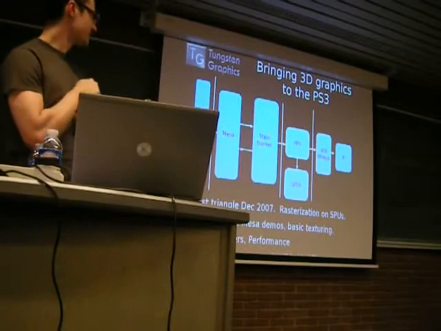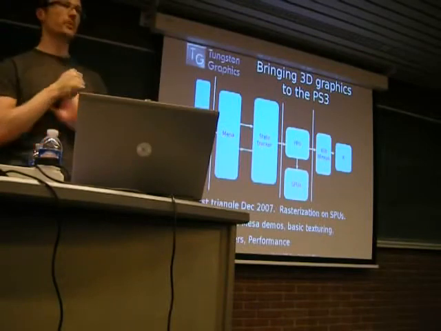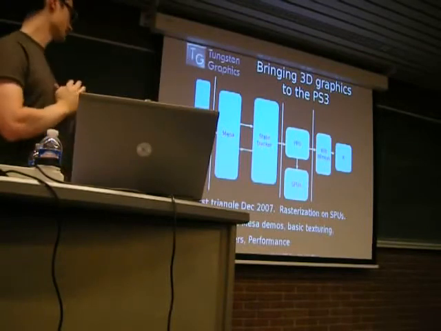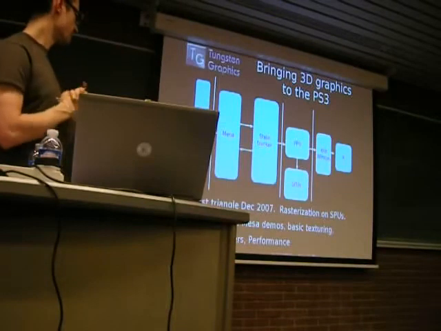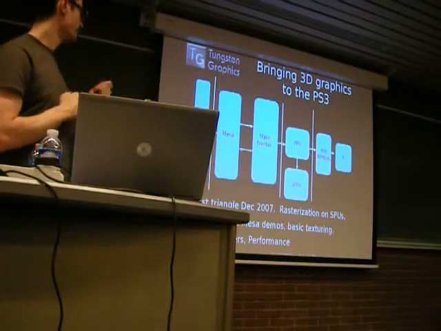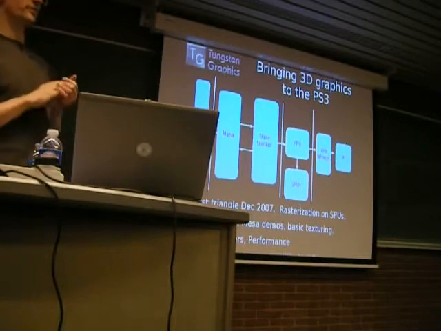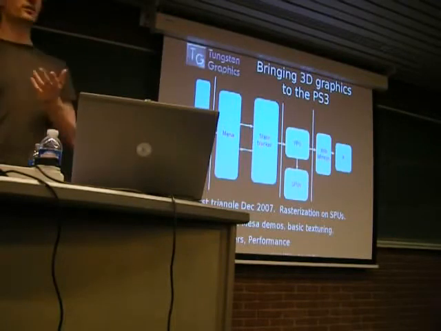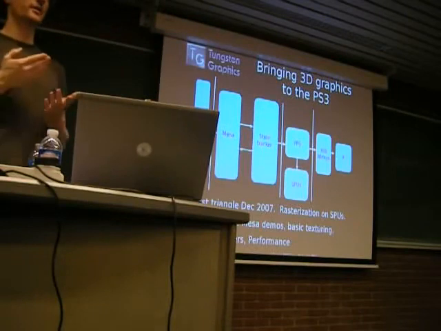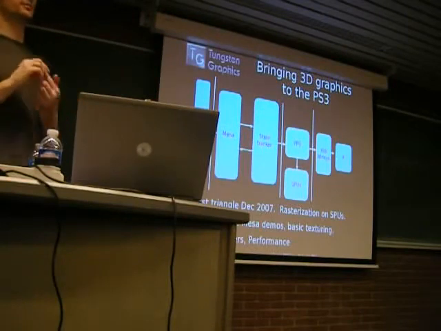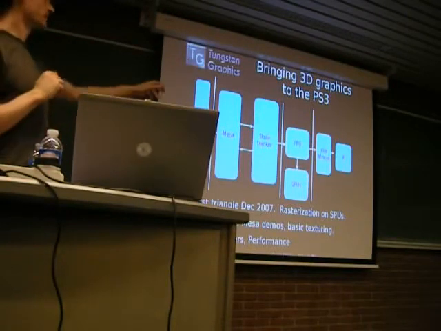Brian Paul has primarily been working on this. He's really been plugging away at it for a little while now. He got the first triangle in December. With that first triangle, rasterization is being done on the SPUs, and vertex processing is currently being done on the PPU.